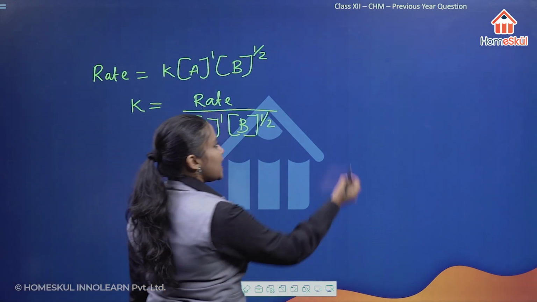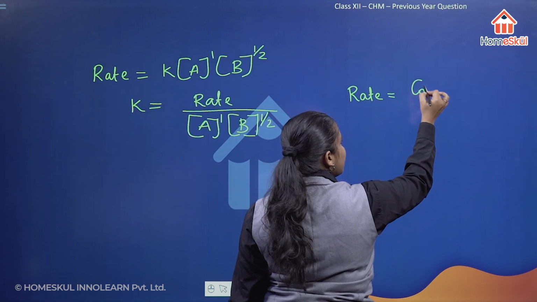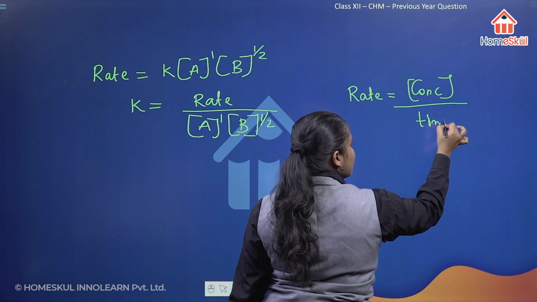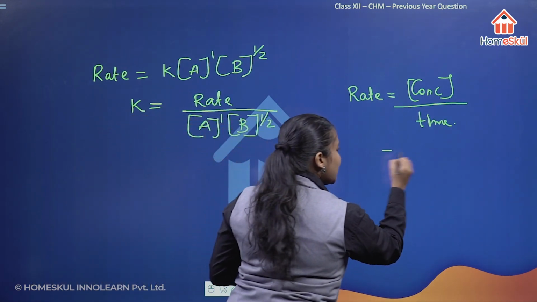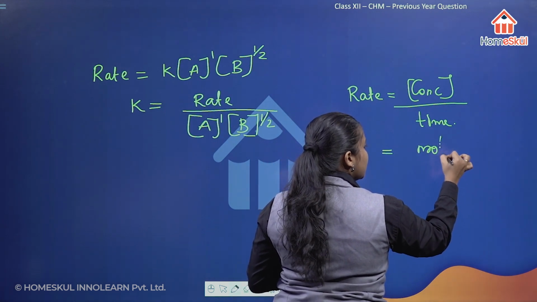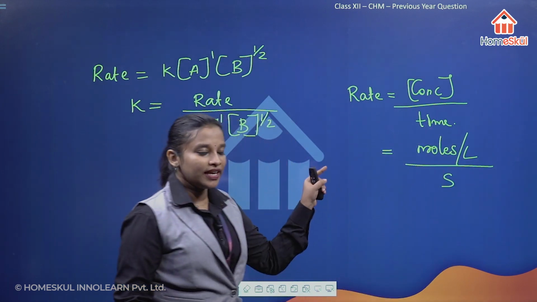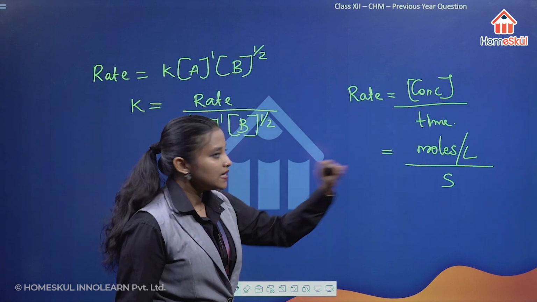And also we know that rate is concentration by time. Concentration is represented in moles per liter, so we can write it as moles per liter by second, since time is represented in seconds. So rate is equal to moles per liter per second.